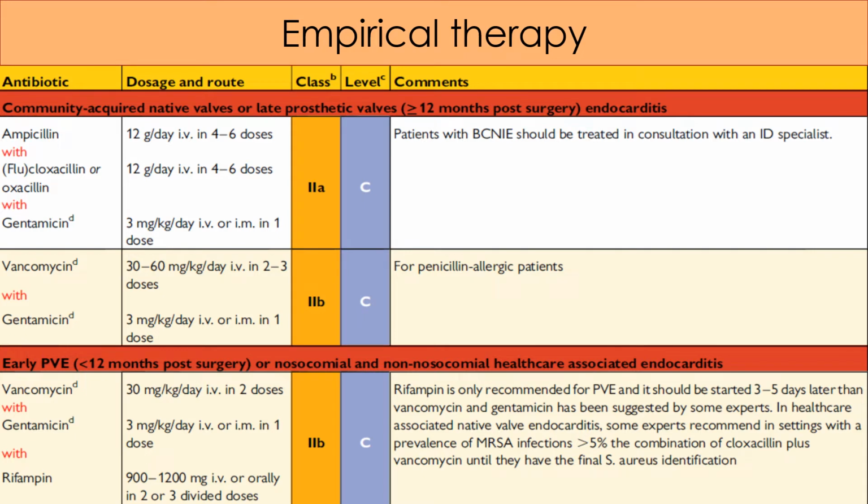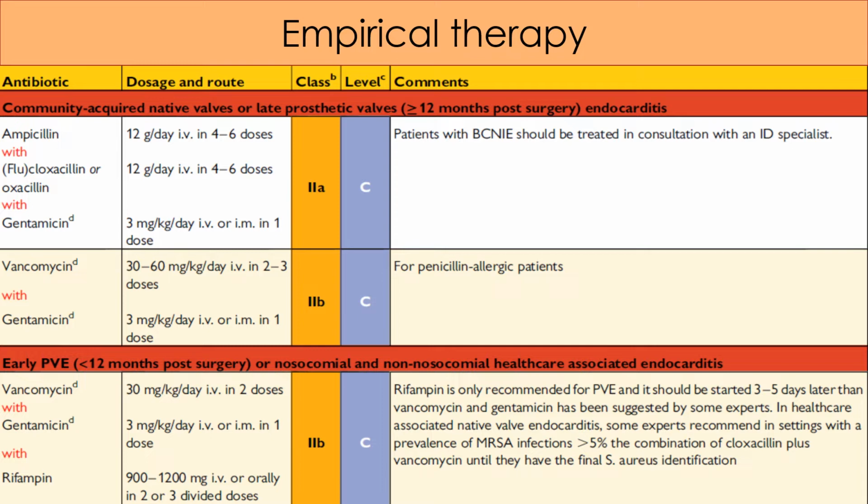After diagnosing infective endocarditis, while waiting for the culture result, you can start empirical therapy. The first thing you should consider is whether the patient has a prosthetic valve or not. If not, we consider community-acquired native valve.